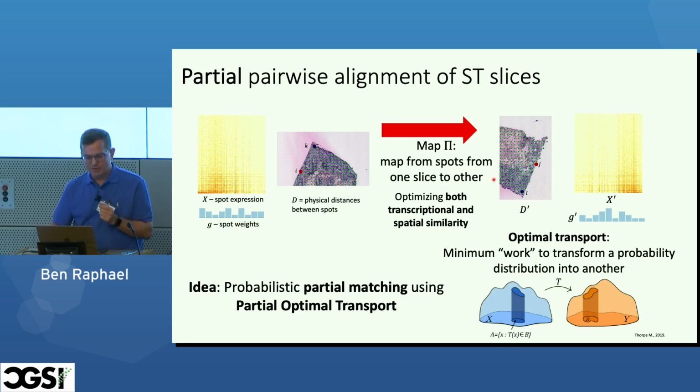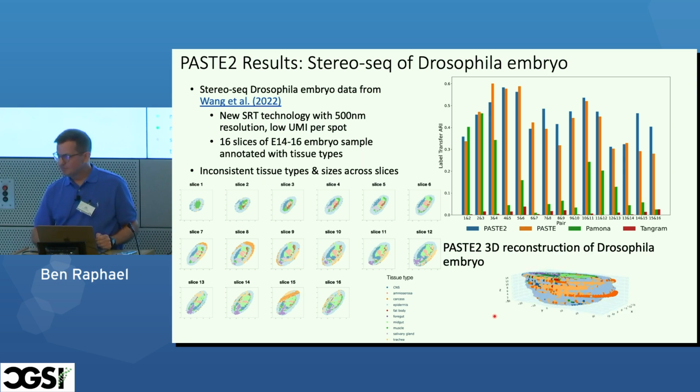So you're trying to move one slice to another probabilistically according to both spatial similarity and transcriptomic similarity. And in PASTE 2, because we want the partial alignments, it becomes what's called partial optimal transport. So you don't move the whole mound of dirt, you move part of it. There's a nice framework for this.